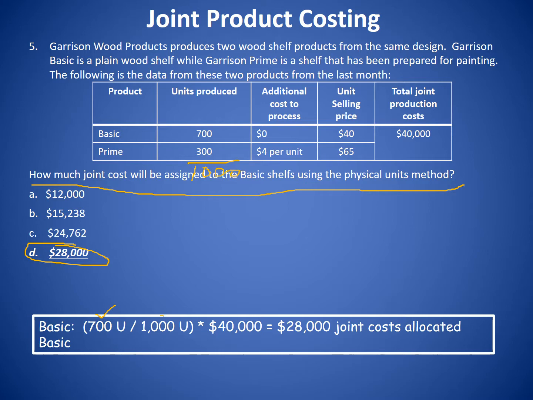So that's basically 70%, times $40,000, which equals $28,000 of joint costs that we're going to be allocating to Basic based upon the physical units method. Okay, let's try question number 6.